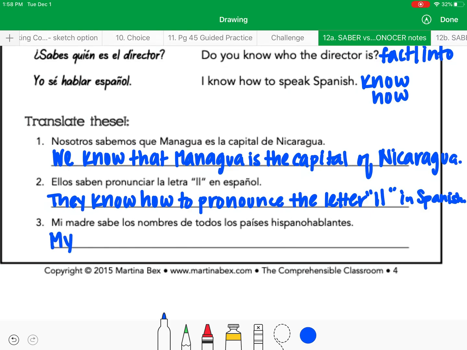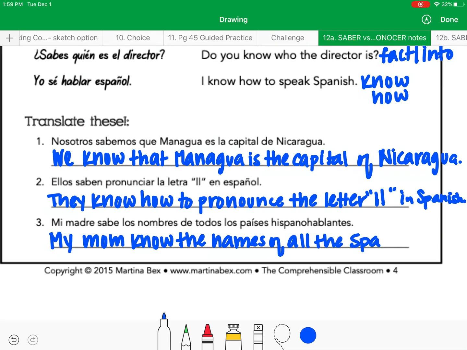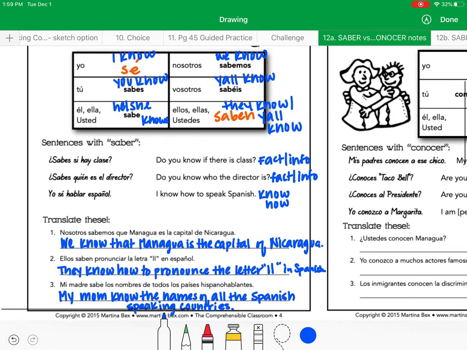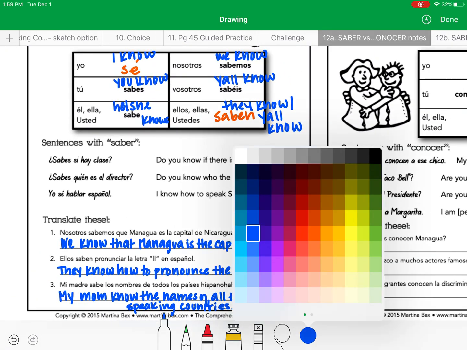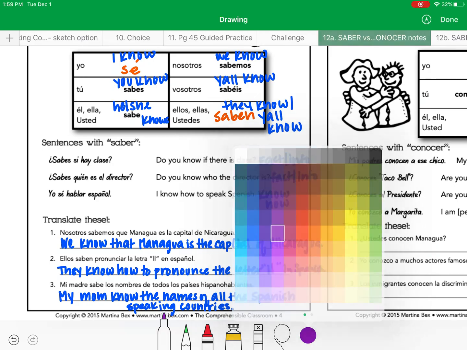So, my mom knows the names of all the Spanish-speaking countries. Okay, so again, you're using saber to say to know how to do something or you know information.